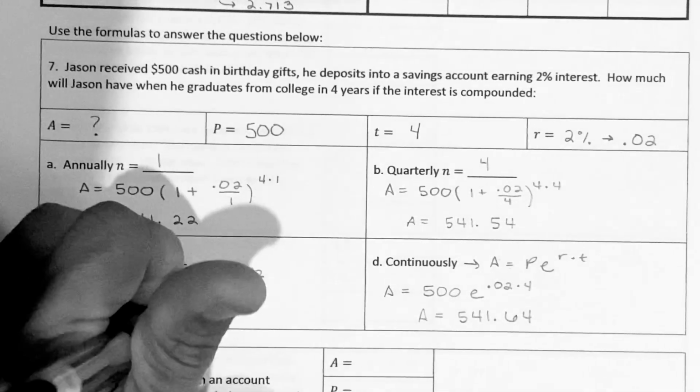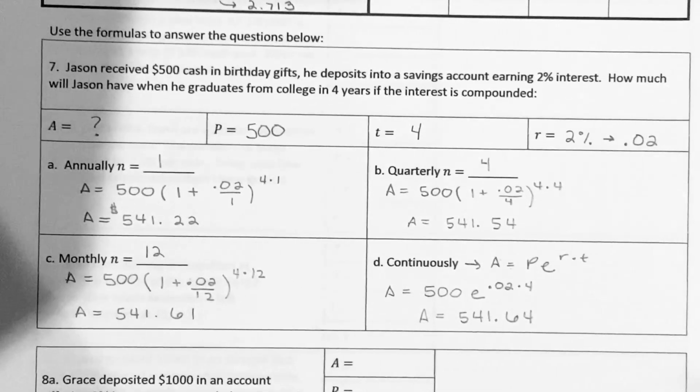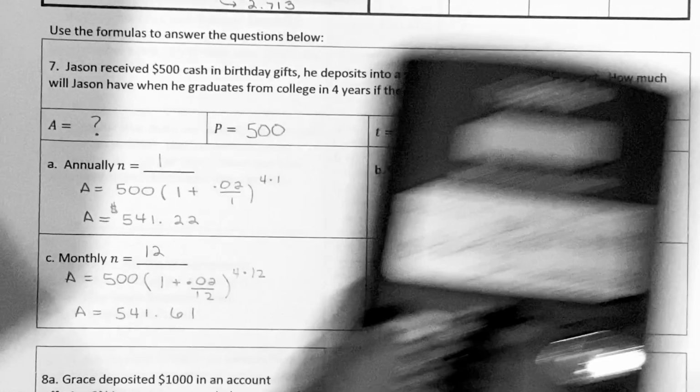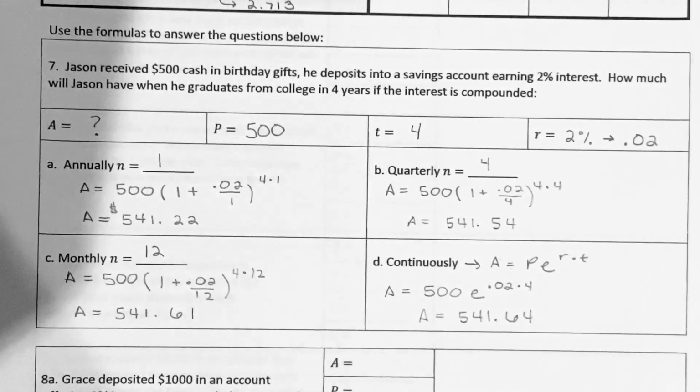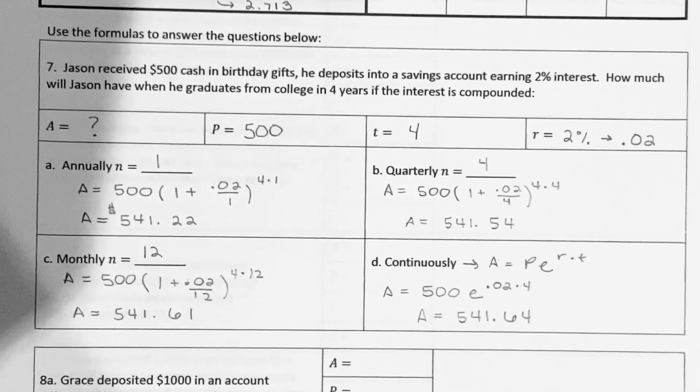No, it's not. I just wrote this wrong. This should be 61 cents. Sorry. So I just obviously rounded that wrong. That was our monthly. The compounding continuously should be the biggest one. Again, the more it's compounded, the more money you're going to be making. Typically, everything is going to be compounded monthly, but you never know.